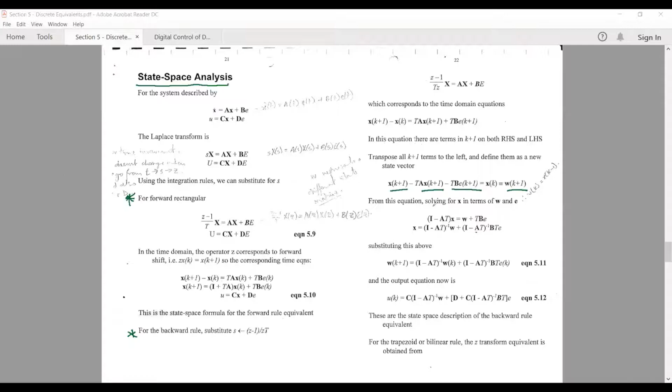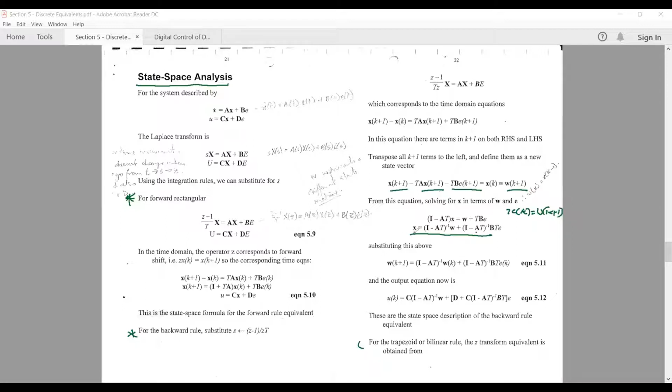Now since we have a function in terms of x, we can substitute this here. Over here we said that x of k is equal to w of k plus 1.